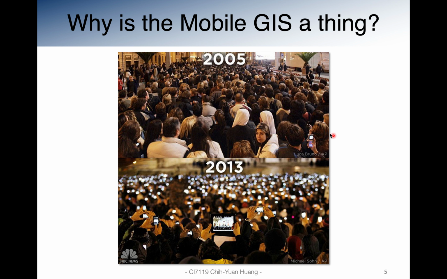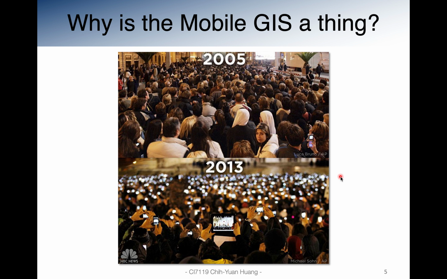So basically these two are the same event, but as you can see by the comparison between these two photos, the most different part is that in 2013 many people are using their smartphones and also tablets to take photos or to record videos of this event.